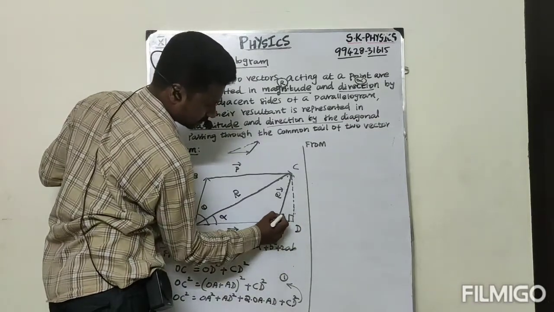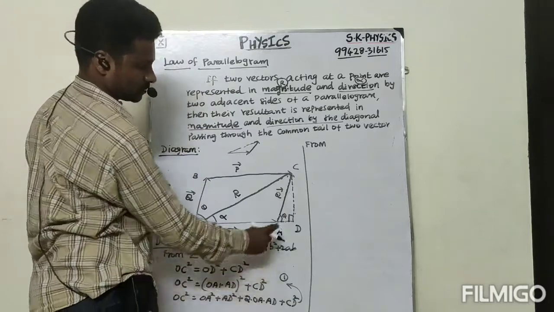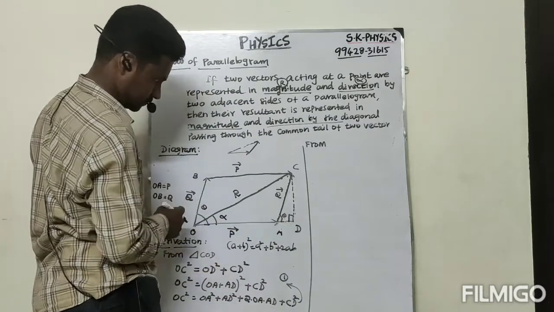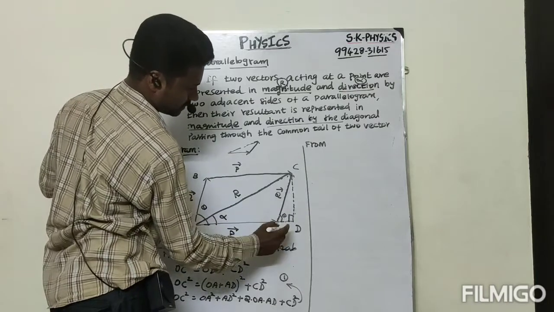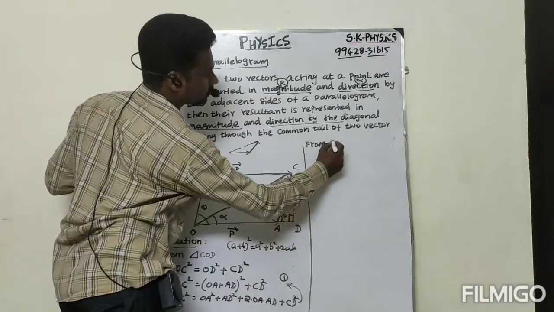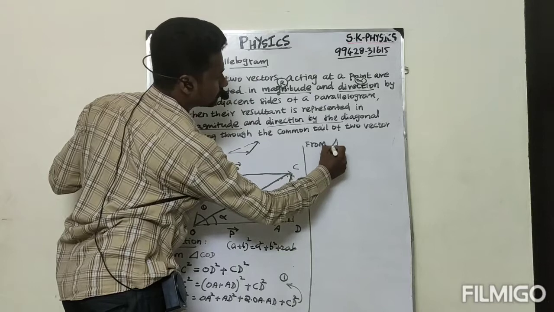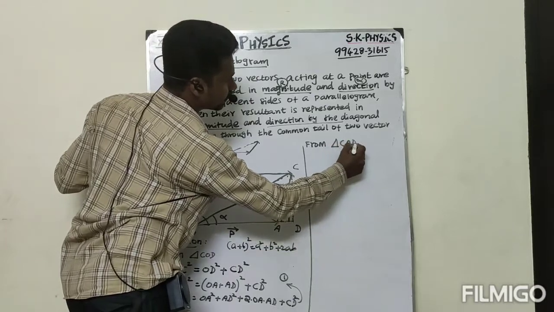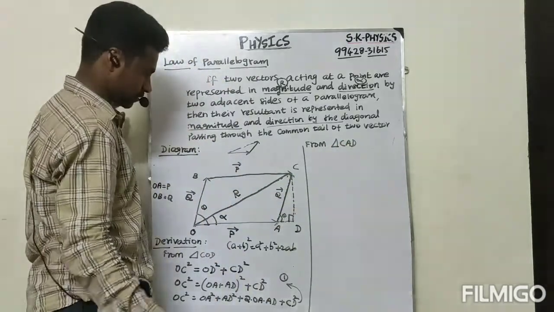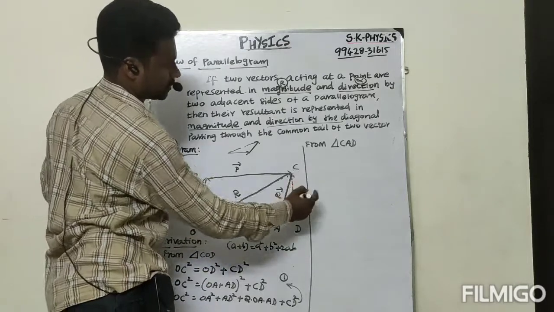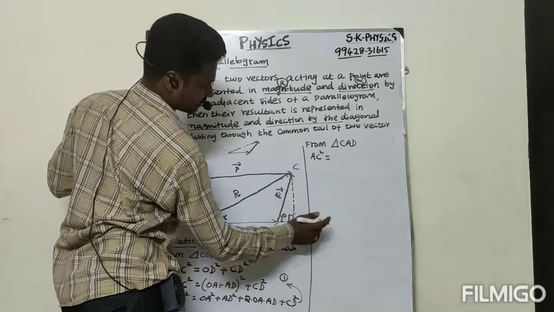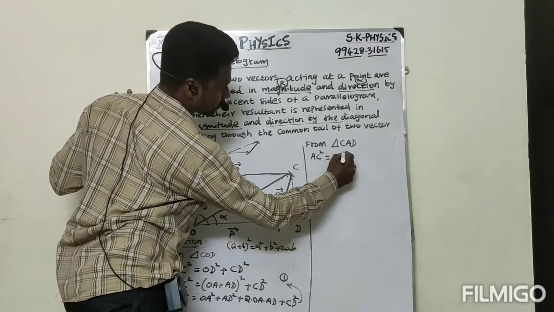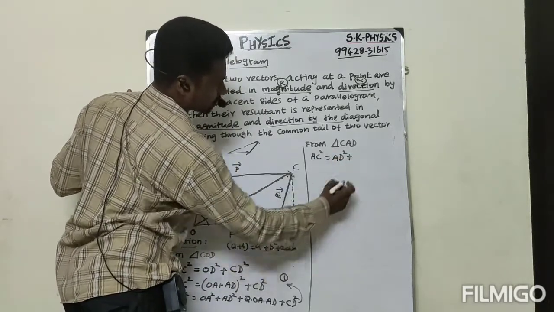Now from the right triangle CAD, using the Pythagoras theorem, AC squared is equal to AD squared plus CD squared.